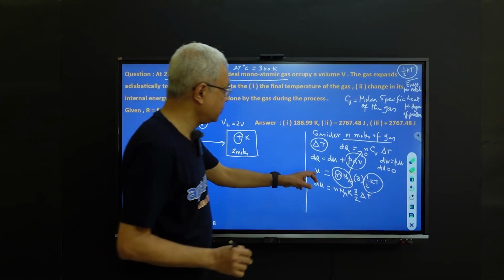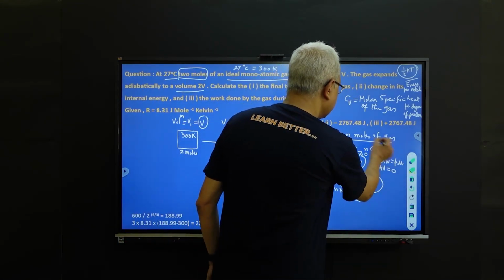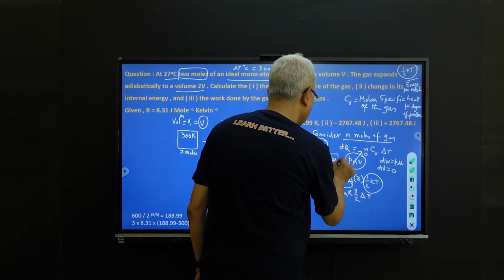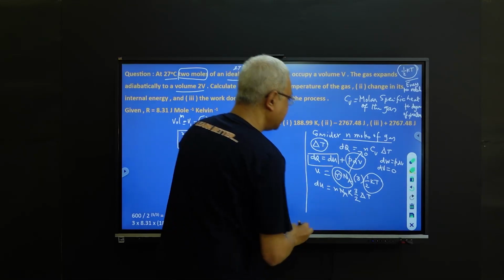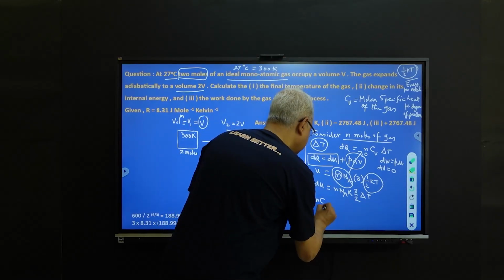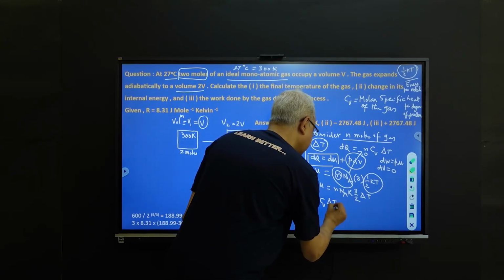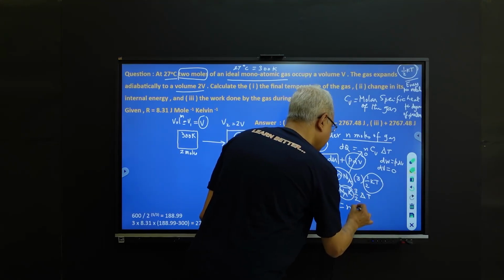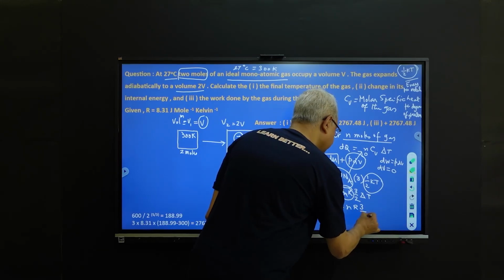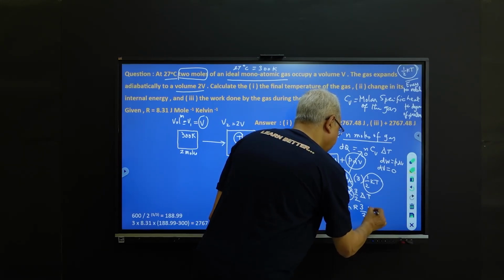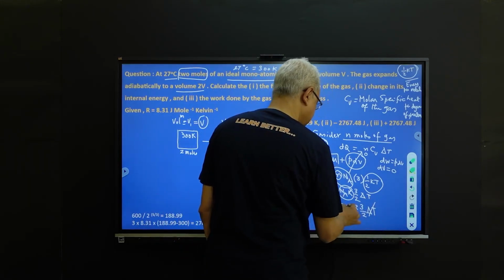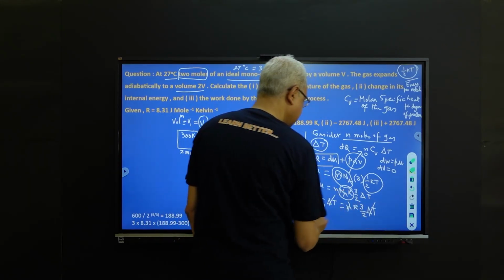So this du is equal to dq. So I can write n Cv delta T is equal to n, Na into k is R, 3/2 into delta T. They cancel each other.